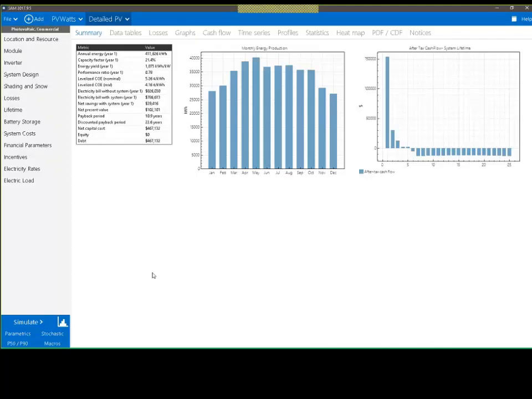So do you see SAM being a useful tool for folks from the municipalities exploring different solar projects and different energy projects? Absolutely.